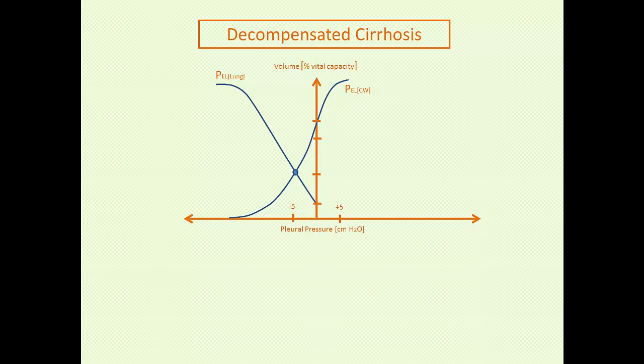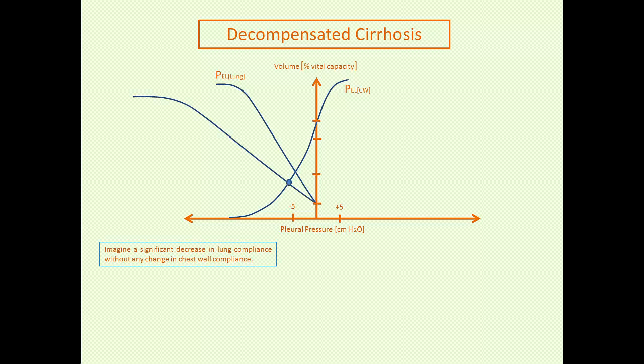And again, as in Chapter 1, where the pulmonary elastance and chest wall elastance curves intersect, this is your functional residual capacity. So a patient who's been brewing worsening salt and water overload in the state of cirrhosis can often present with a dramatic drop in pulmonary compliance as a lot of that fluid leaches out into the interstitium of the lungs. And as you saw, there was a reduction in the functional residual capacity, and the lung compliance curve shifts downwards.